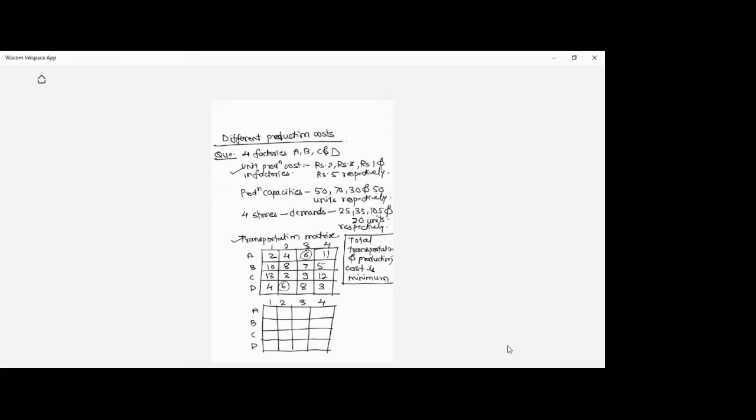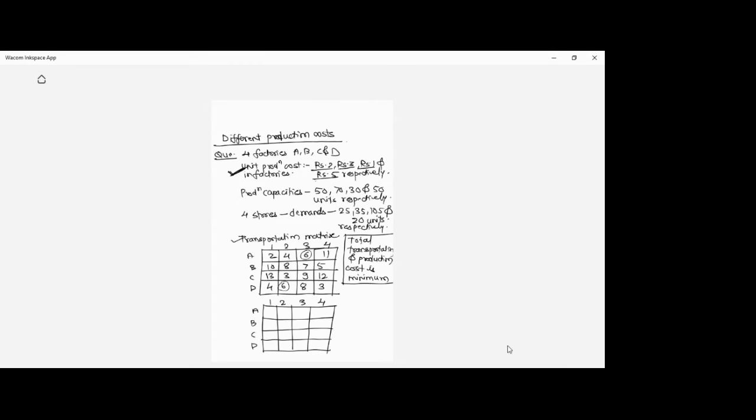But the input about the production cost has also been given. Factory A has production cost rupees 2, factory B rupees 3, C rupees 1, and D rupees 5.